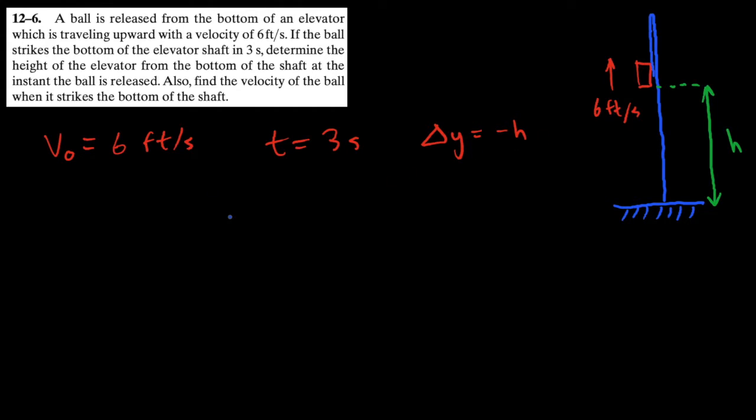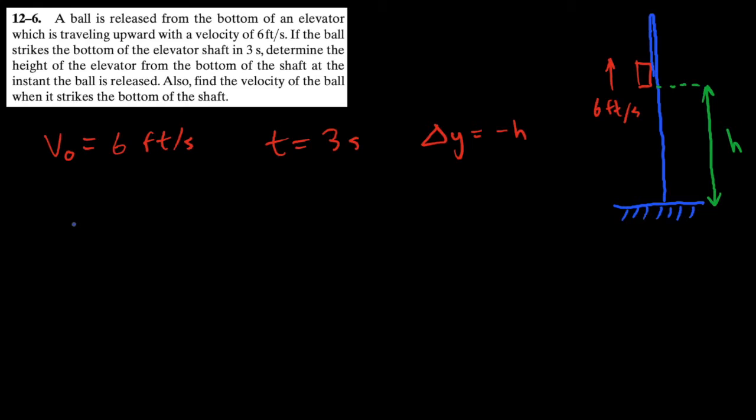So what else do we know? We know that the ball experiences constant acceleration. This means that we can use one of our kinematics equations that are applicable in cases of constant acceleration.